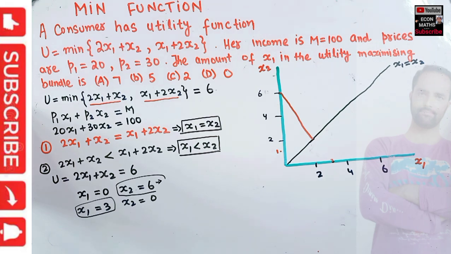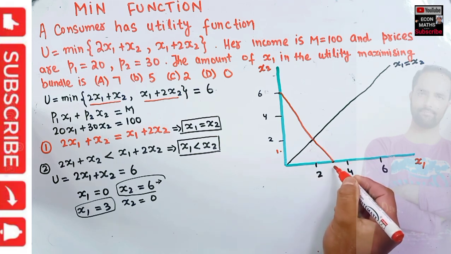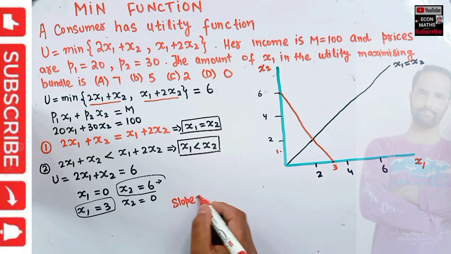And by the way, what is the slope? So let me first write it. What is the slope here? Here it is 3. What is then the slope of this red line?